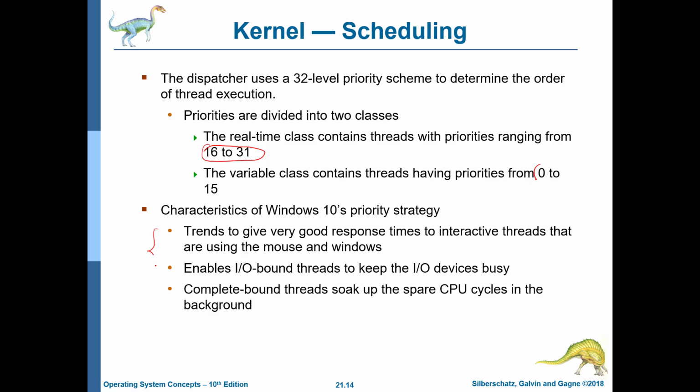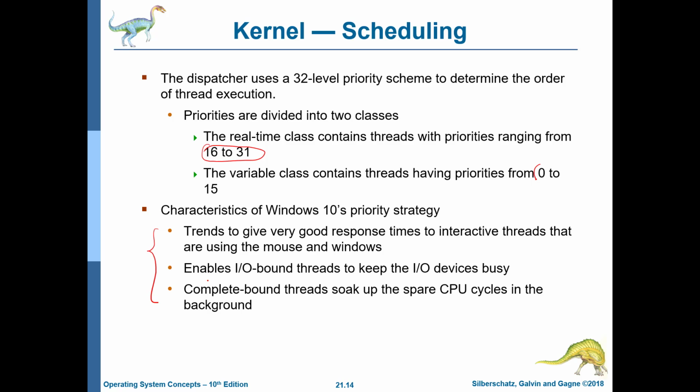So the logic behind the priority scheme of Windows 10 is like this. The key aim is to give very good response times to primarily interactive tasks. This is because Windows is by and large a desktop based operating system, even though of course nowadays Windows Server is becoming quite popular. This is why in Windows good response times for interactive threads are heavily prioritized.